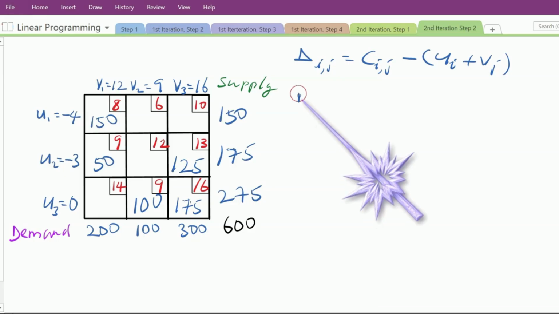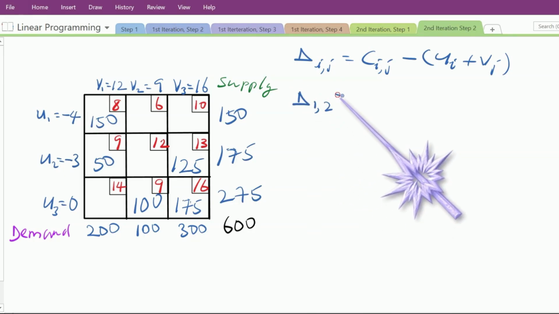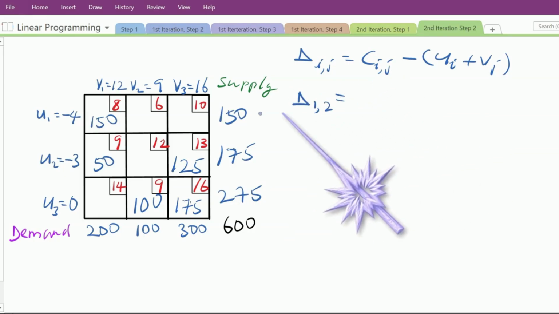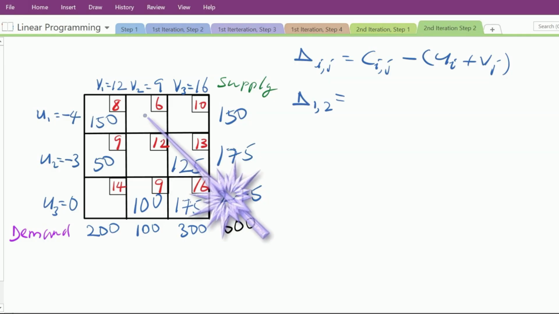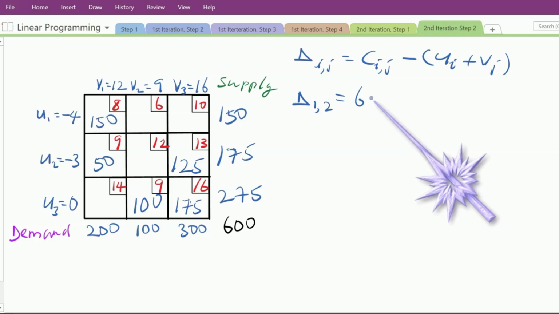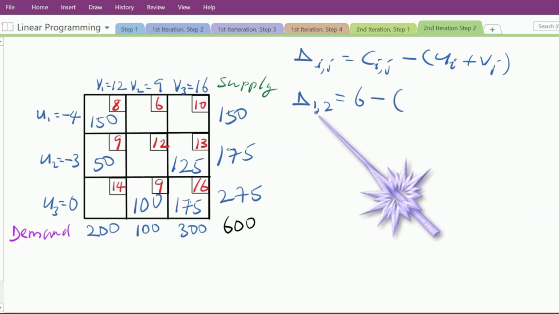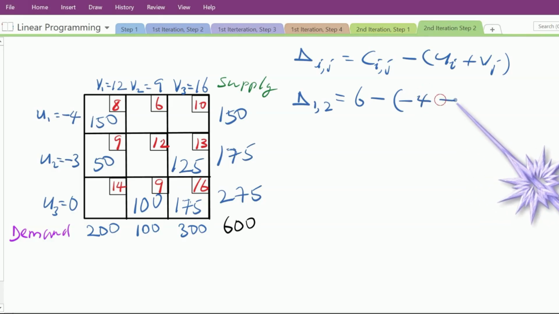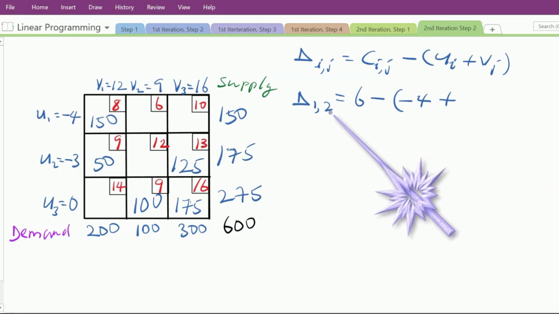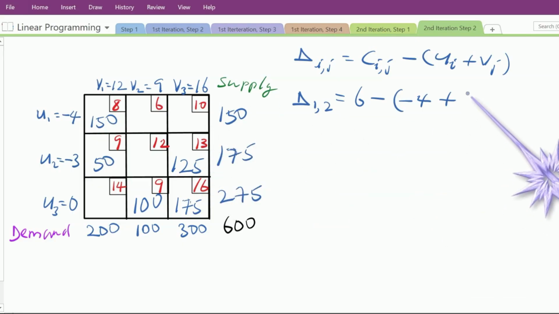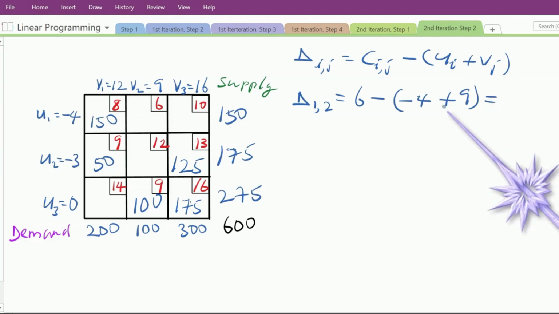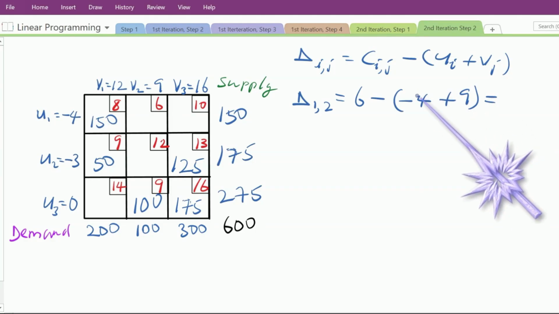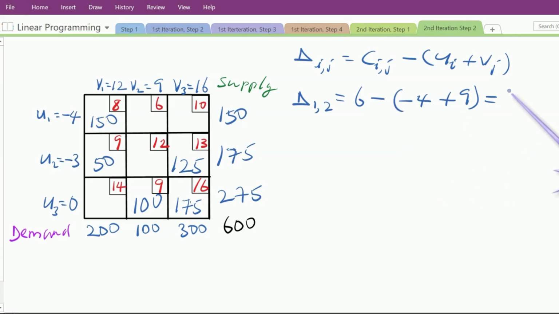Delta 1, 2 is equal to C 1, 2, which is 6, minus U1, which is minus 4, plus V2, which is 9. That as a whole will give us 5. 6 minus 5 is 1.